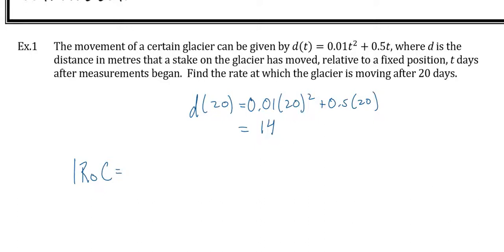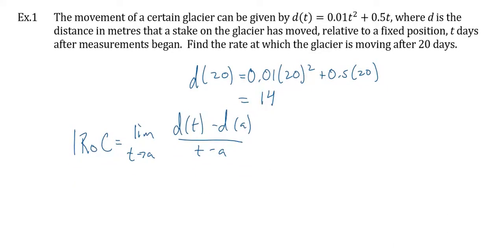So the instantaneous rate of change equals the limit as, we're talking about t here, so t approaches a of d at t minus d at a. Sometimes you might start with the formula with f at x and f at a. That would be fine as well, because it's just a formula, and then you sub in your values, but I'm going to start with the variables given in the question.